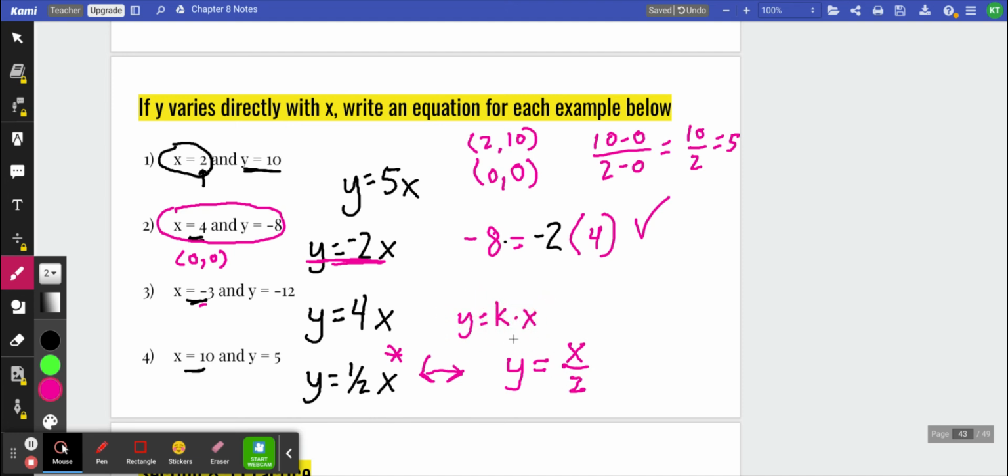We don't want to write it with division, we want to write it with multiplication. Multiplying by a half is the same as dividing by 2. So this is how you want to write that equation. 10 times 1/2 gives me 5.